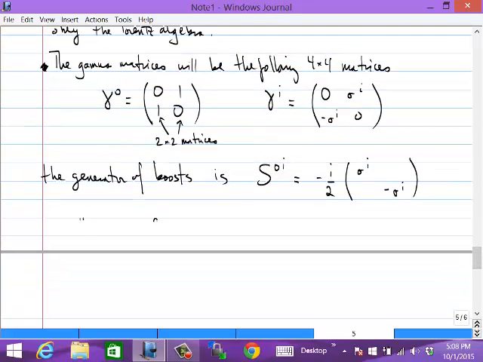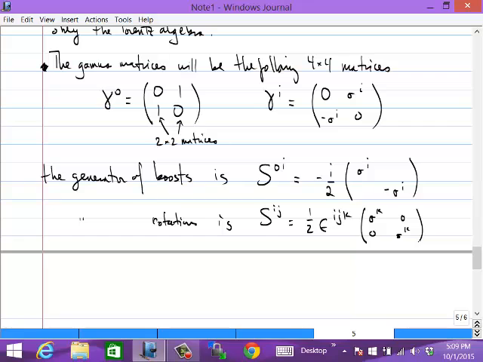And the generator of rotations is S ij. So that is going to be 1/2 epsilon ijk times, now you have to compute the commutator of 2 Pauli matrices. That's pretty easy. It's going to be (sigma k, 0; 0, sigma k). So you can see now that this is really 2 copies of the standard representation of the rotation group.